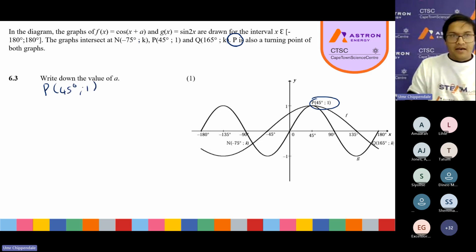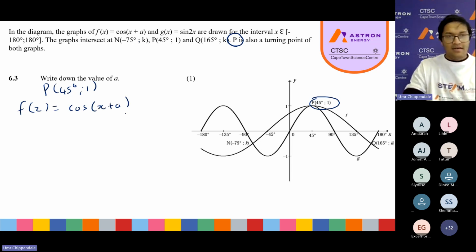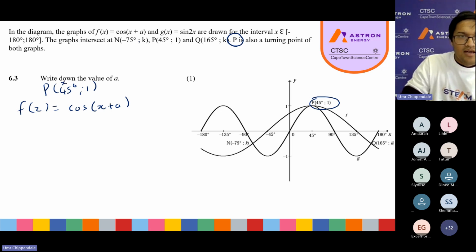So that's what we have. They are speaking about A, so we're going to use our f of x is equal to cos of x plus A. So this is our graph. This is going to be our x value, and this is our y value. So our y, 1, is equal to cos, in brackets, 45 plus A. And now we are going to take the cos over.